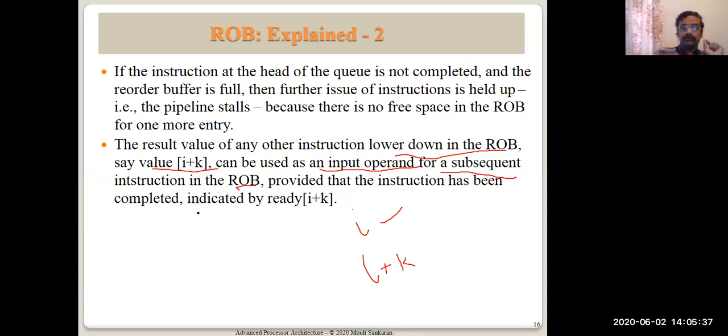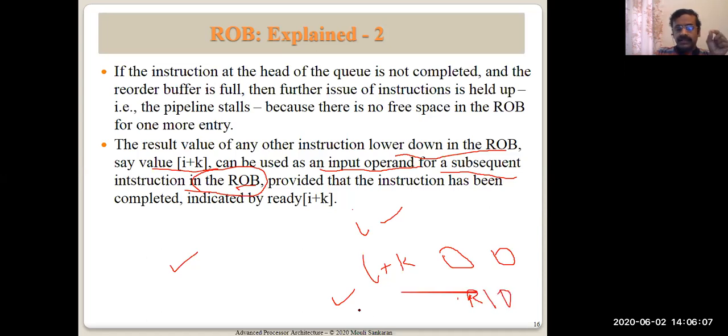Remember, it is very important to say in the ROB, because an instruction execution can happen only if it is present in the ROB, and if it wants an operand from the value which is stored in a previously completed instruction, the value is here in the ROB, which is supposed to be written into some register R10. The next instruction wants that R10 as an operand.